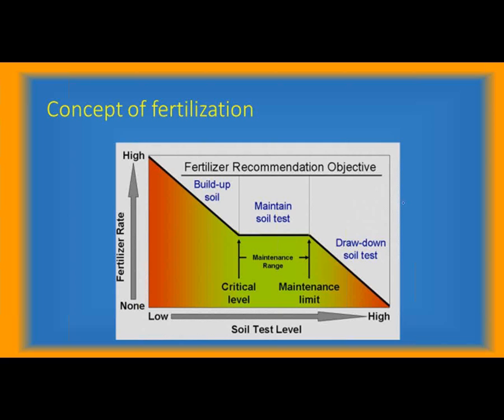So to the left of the critical level, you do the 9 and 4, do that calculation, but you also add to that the amount you're going to take for crop removal. If you're to the right of the critical level, but left of the maintenance limit, you are taking crop removal only.